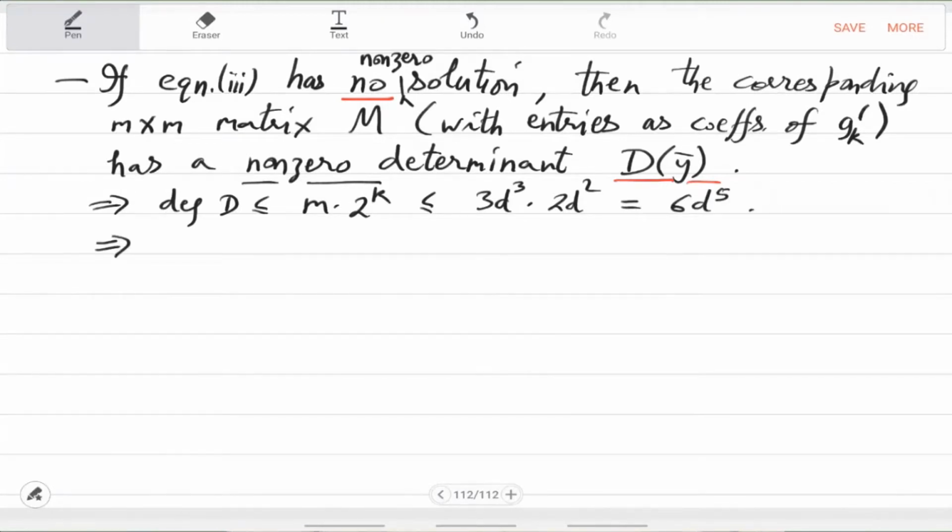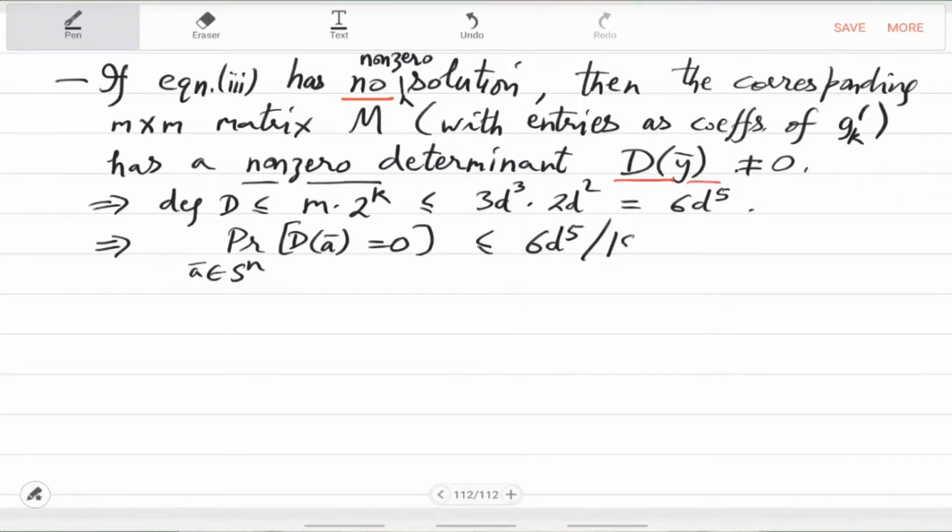So the determinant is non-zero and it has degree at most 6d5. So the probability that it vanishes for a random fixing of y bar is quite small. So for random a bars also the same property will continue. For random a bars also there will be no non-zero solution, which you know is not the case.